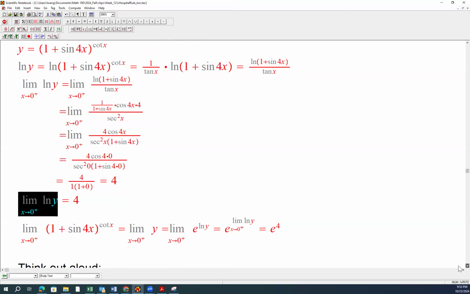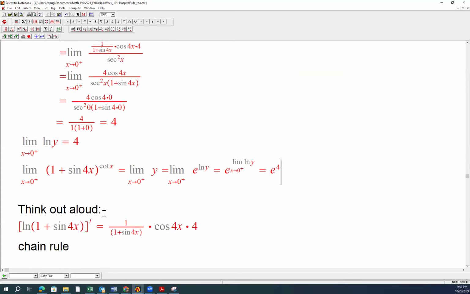And then we use the relationship that y equals e to the power of ln y.